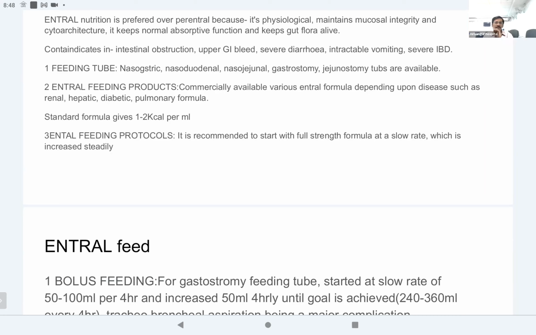Sudipta, you are not audible. You can see the screen, but you are not audible. Network.